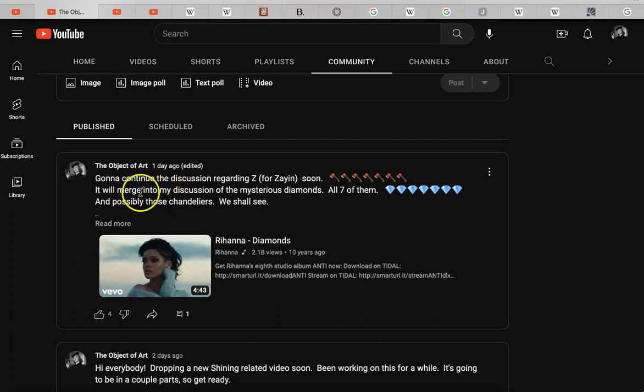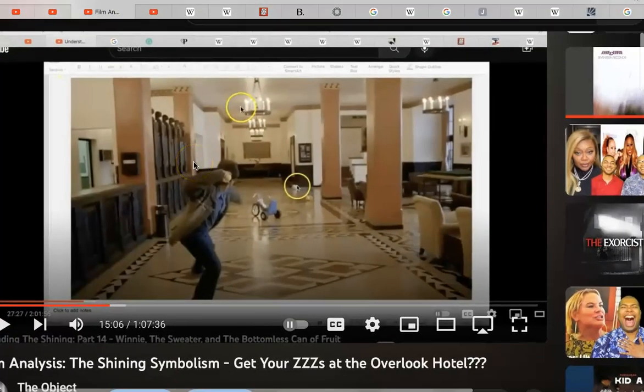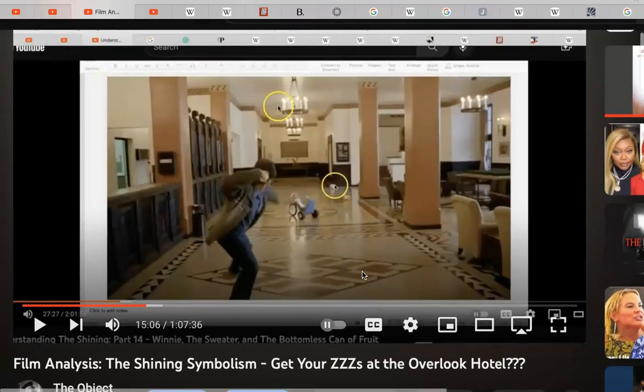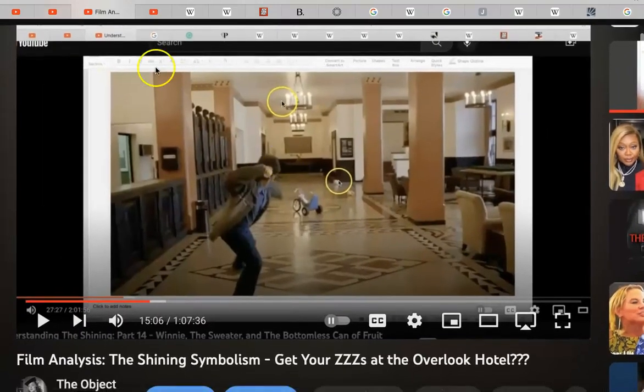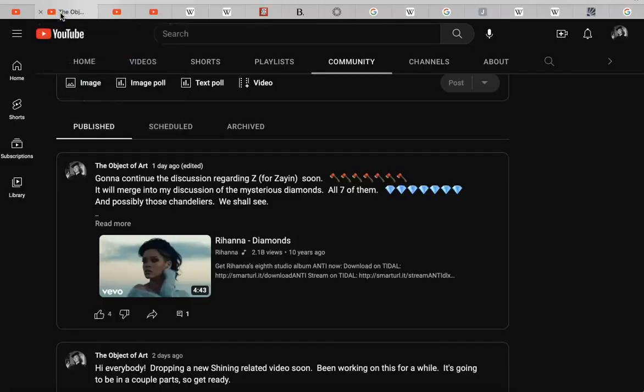I wrote here that I'm going to continue the discussion regarding Z for Zayn soon, and I put axes because, as we established in this video, Film Analysis, Shining, Symbolism, Get Your Z's at the Overlook Hotel, the Z is for Zayn, which does not look like a Z, but it's related to the letter Z. It will merge into my discussion of the mysterious diamonds, all 7 of them.